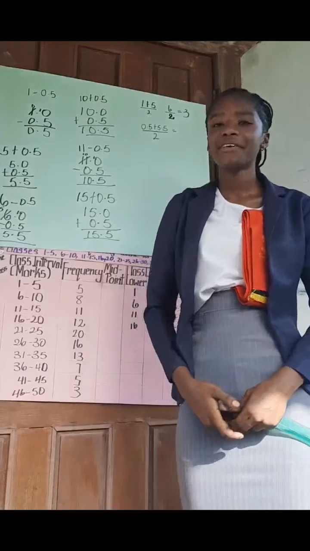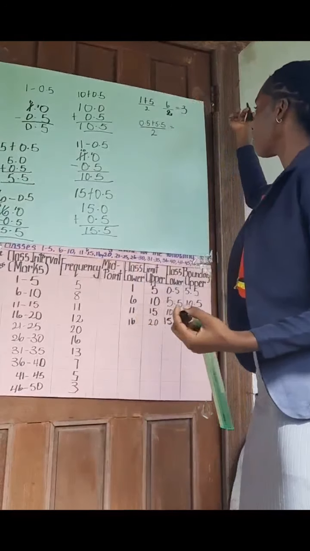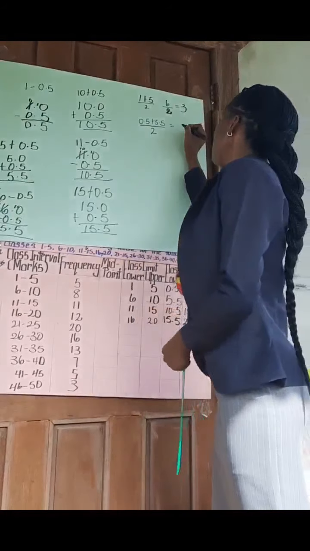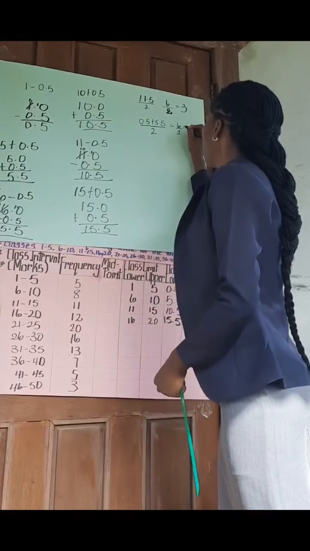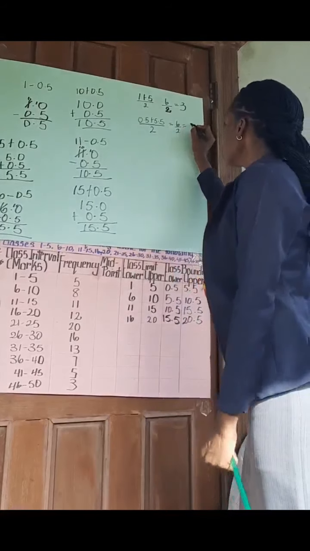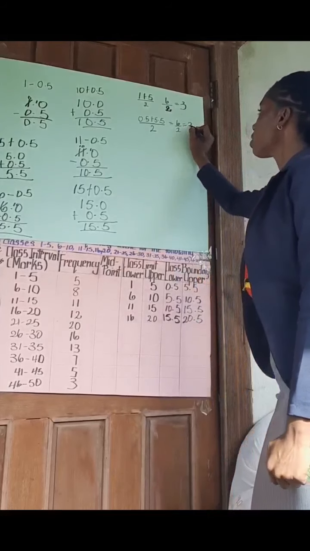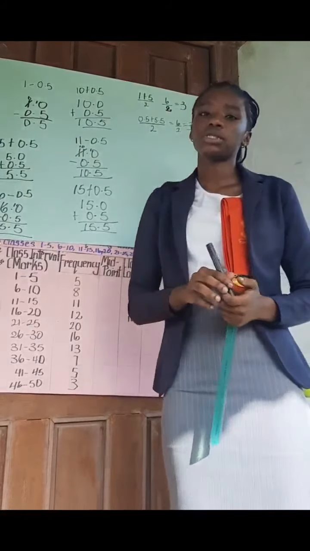What are we going to have when we add 0.5 plus 5.5? Yes, we'll have 6 over 2. Very good, Shamar. And 2 into 6 is 3.